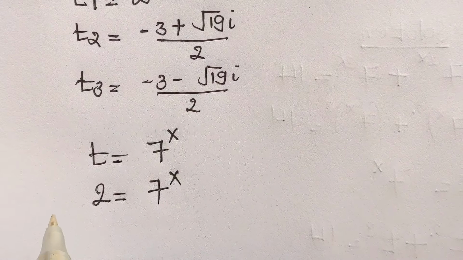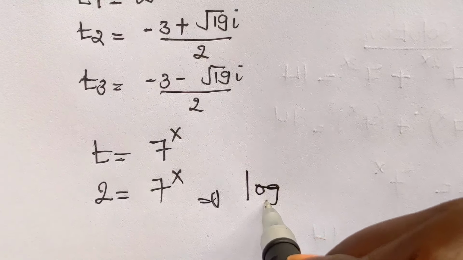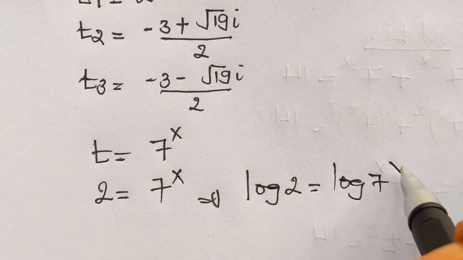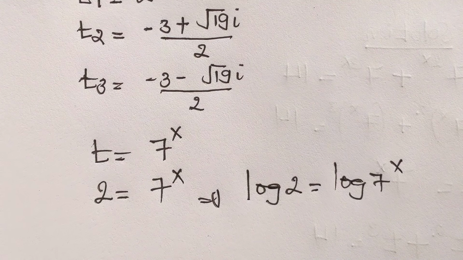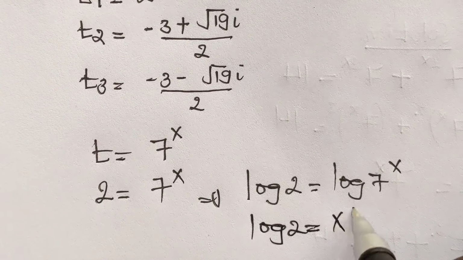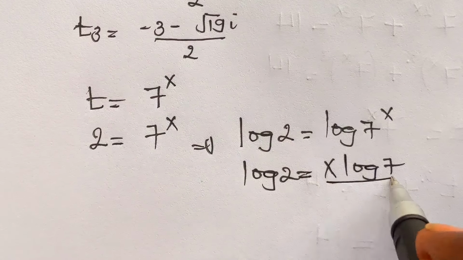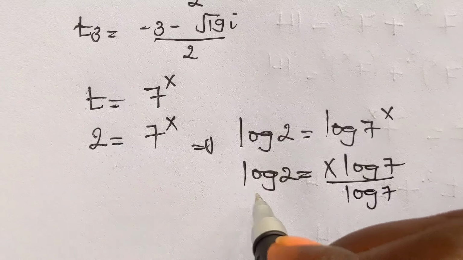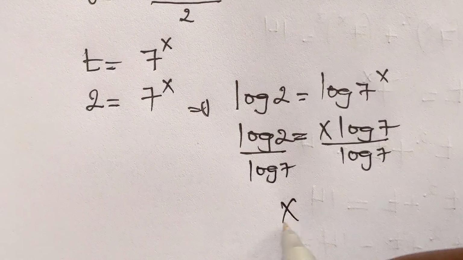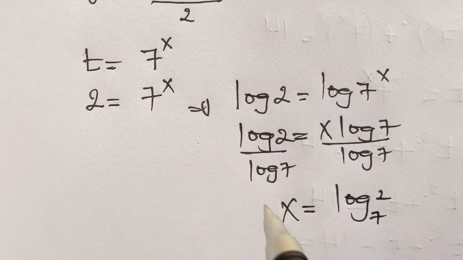By applying logarithm on both sides, we shall say logarithm of 2 will be logarithm of 7 power x, to mean that logarithm of 2 is equal to x logarithm of 7, then x will be logarithm of 2 to the base 7.